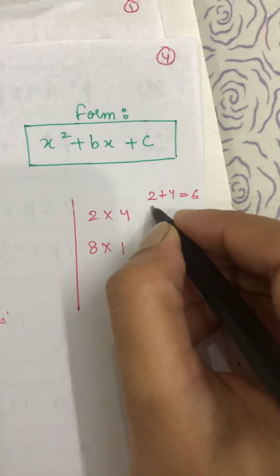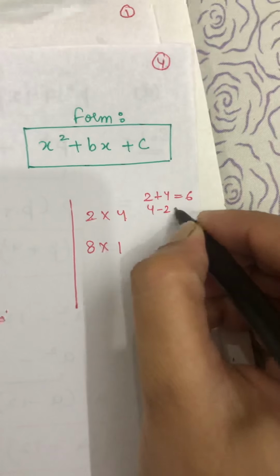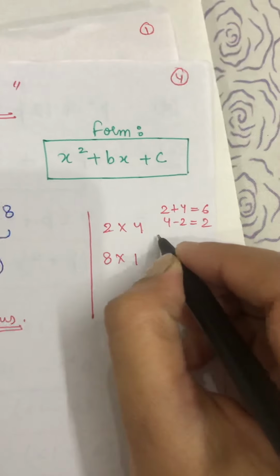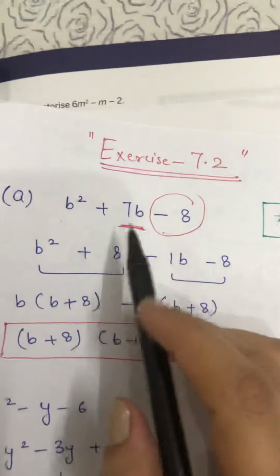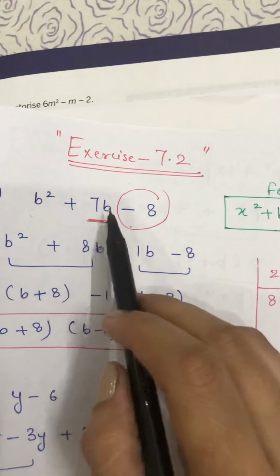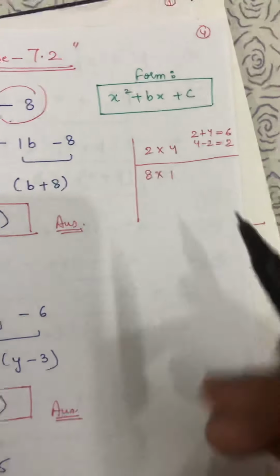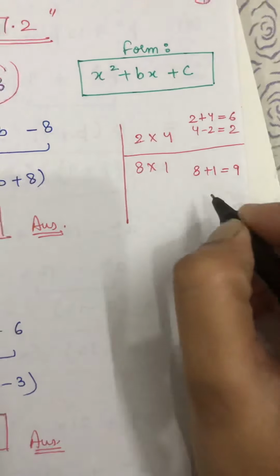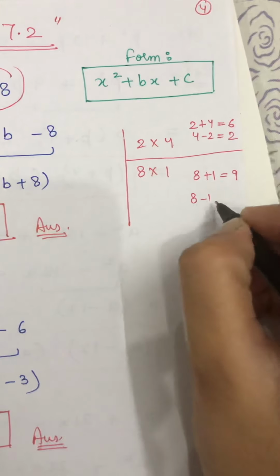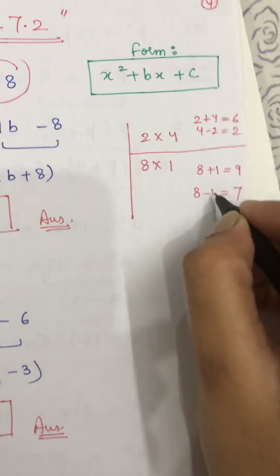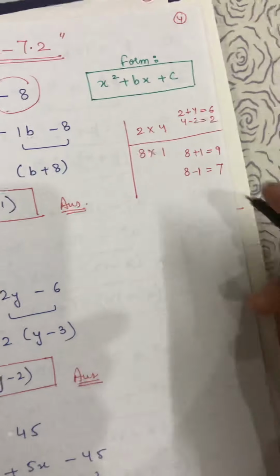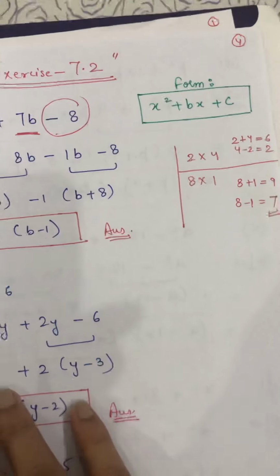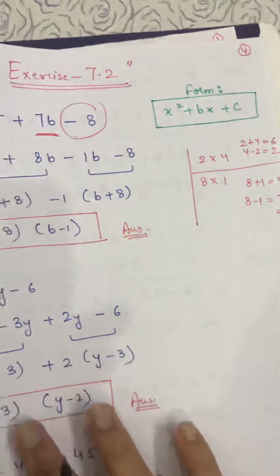If I subtract 2 minus 4 or 4 minus 2, my answer is 2. That will not satisfy my question, because my middle term is 7. If I add 8 plus 1, it is equal to 9. If I subtract 8 minus 1, it is equal to 7. That means this is my requirement: I want 8 minus 1.